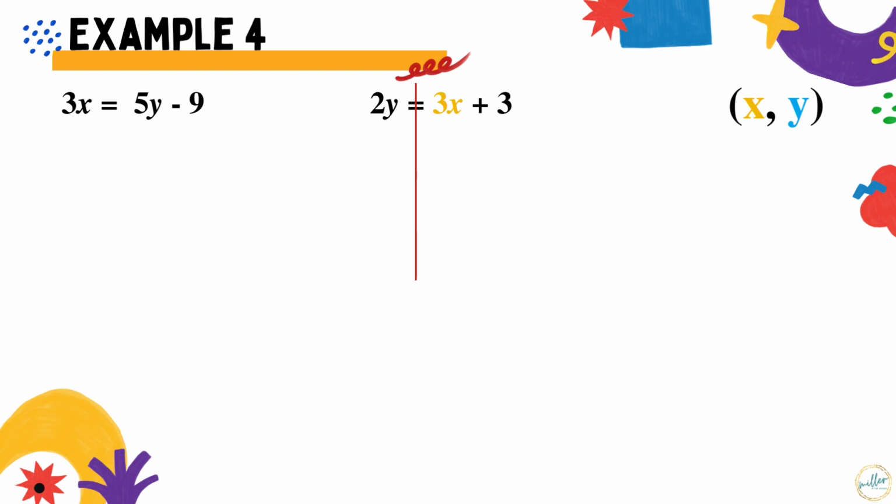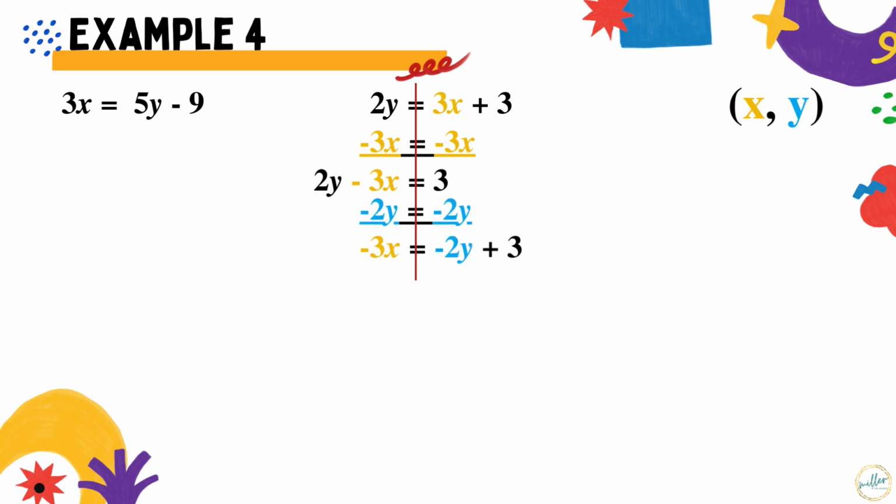So let's subtract 3x from both sides of the equation, giving us 2y minus 3x on the left and just 3 on the right. But now we have that 2y term over on the left that we need to get rid of. So let's subtract 2y from both sides, and we end up with negative 3x on the left and negative 2y plus 3 on the right.